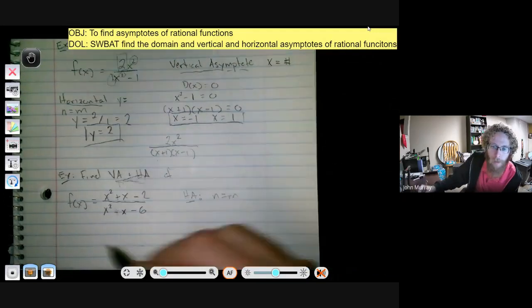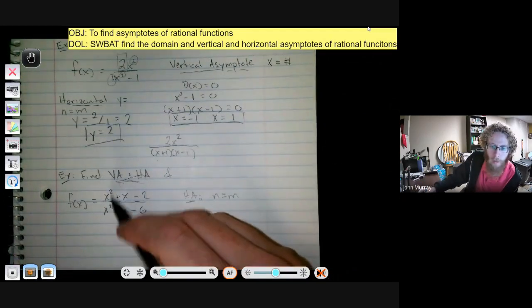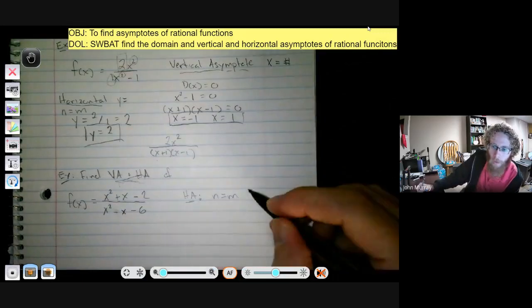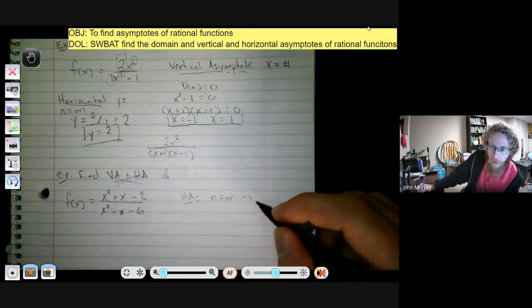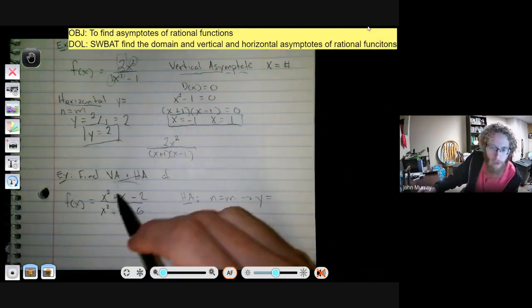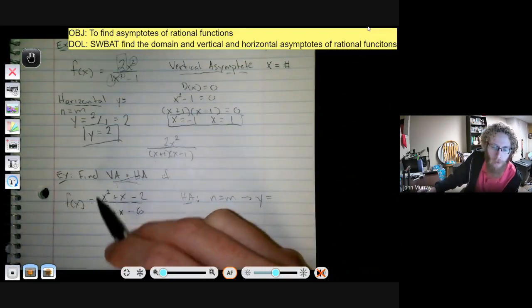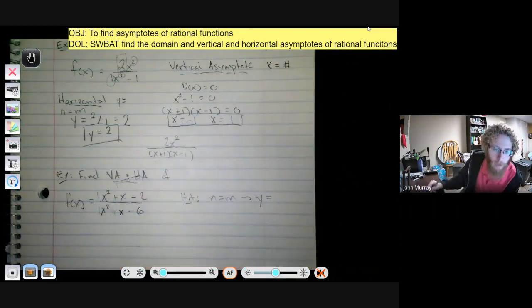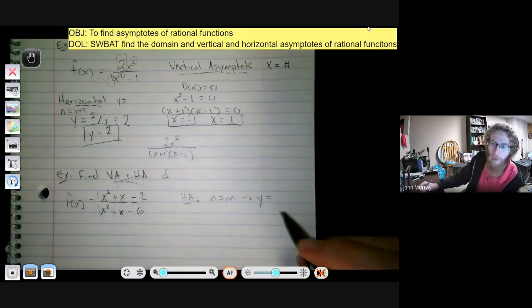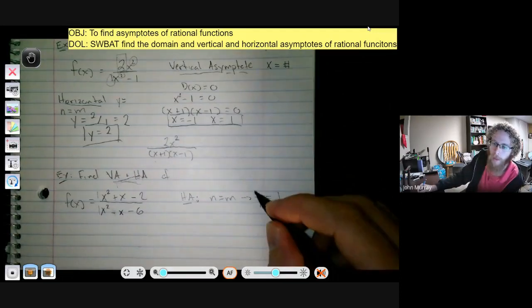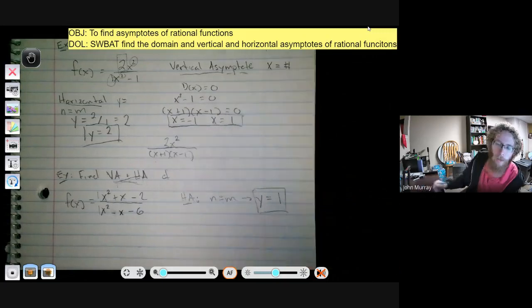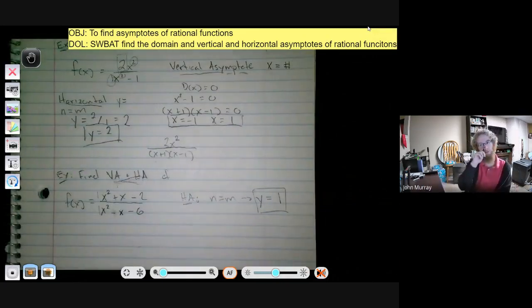Okay, again, the numerator and denominator have the same exponent. So our line is going to be at y equals. Now, there's no coefficients there, so always remember that there are invisible ones. So 1 over 1 is just going to be 1. All right, so we got our horizontal asymptote.